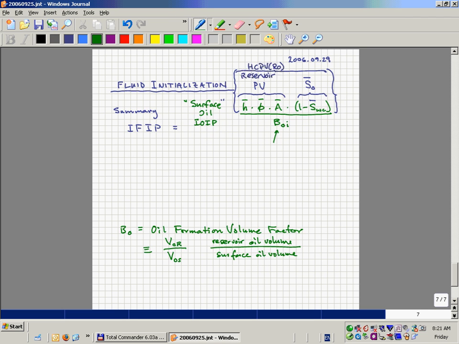But if you fill this in the Ekofisk field, the same piece of chalk would have about 10% water saturation. 10% of the pore volume would be water. 90% would be oil. So it's a lot of oil per piece of rock because you have a high porosity and a high oil saturation. That's this term on the top, the numerator.